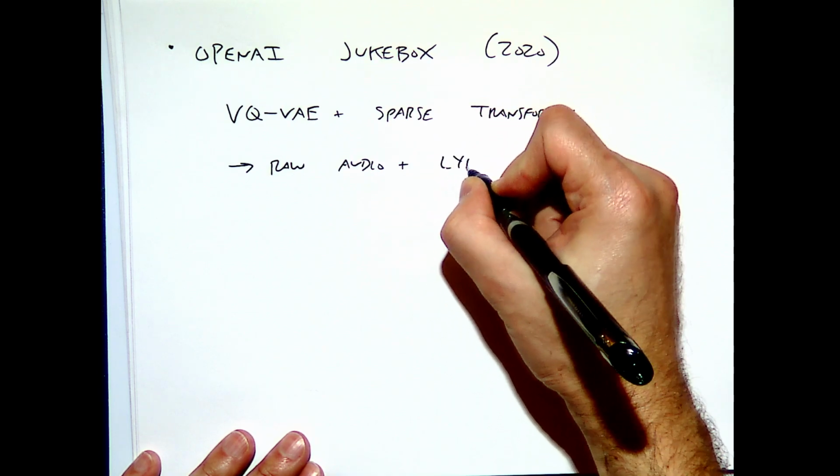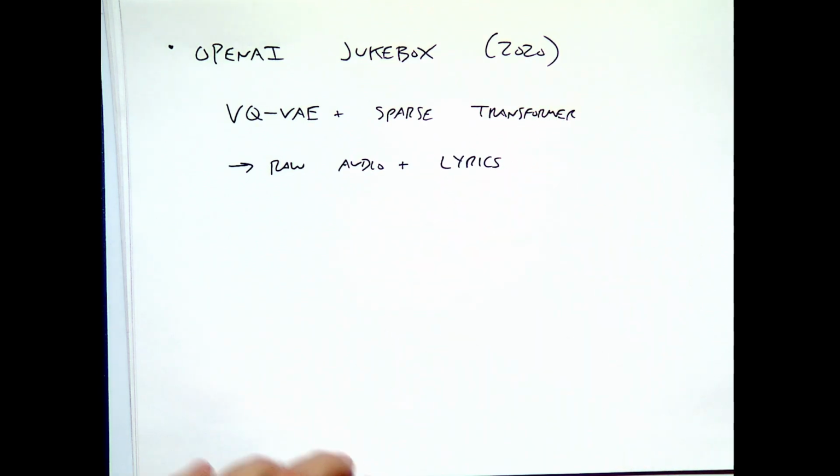So the idea was that you could condition the raw audio on some output that came out of GPT, because this is the same company that makes GPT, right? And so you could generate actual songs that had both music and AI-generated lyrics.